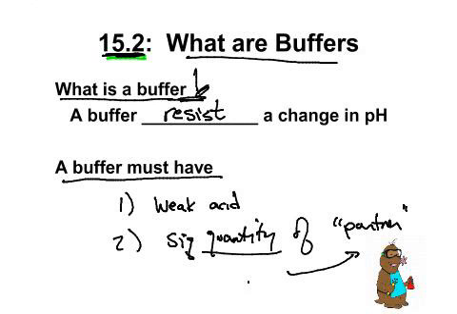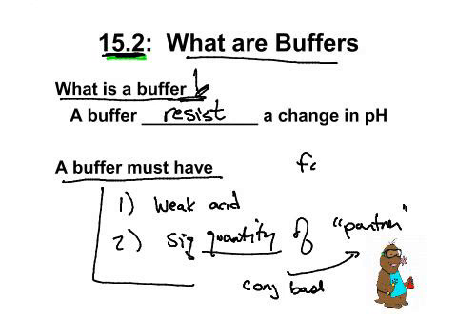The partner will be the conjugate base of the weak acid. I like to think they have to have partners in significant quantities, which I'm defining as within a factor of 10 of each other. So if I have a weak acid like acetic acid, the one we've been playing around with today, the partner is acetate.